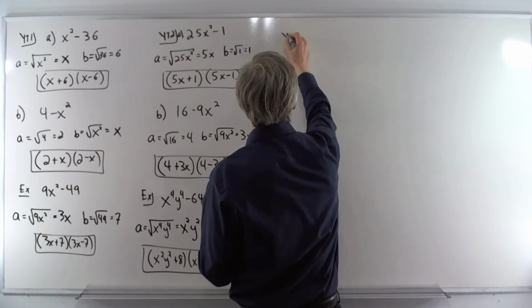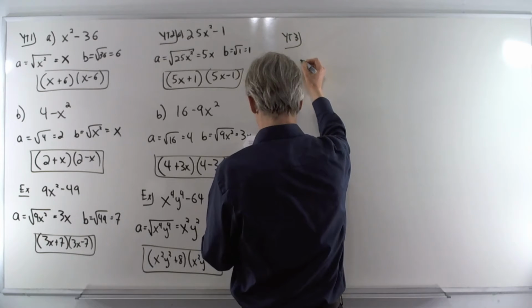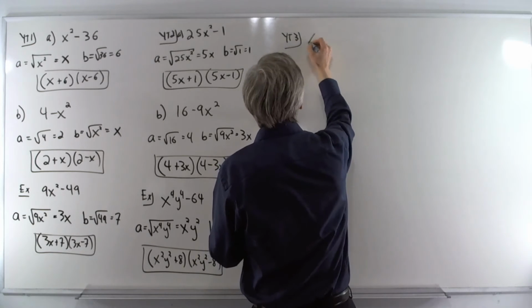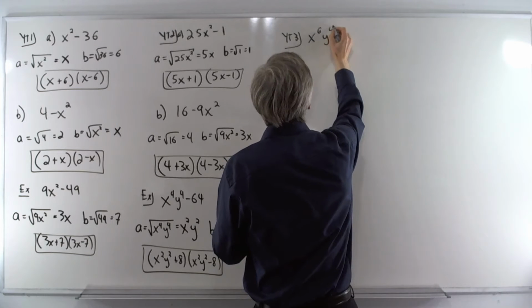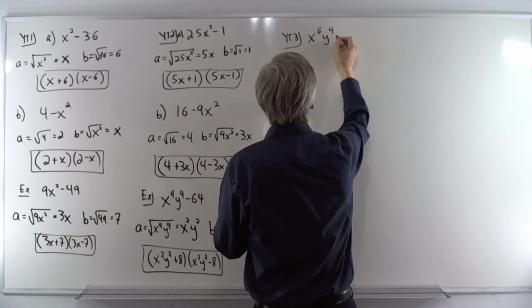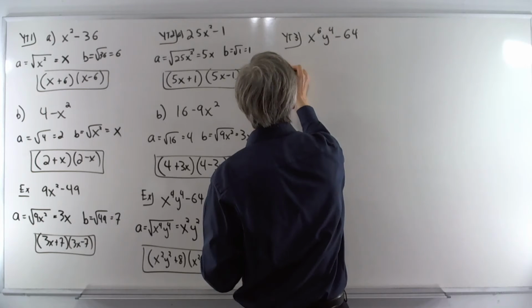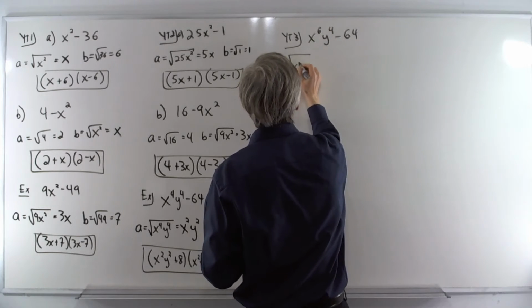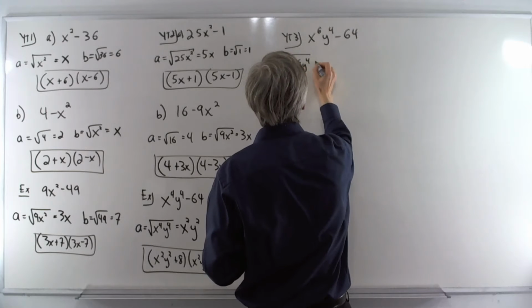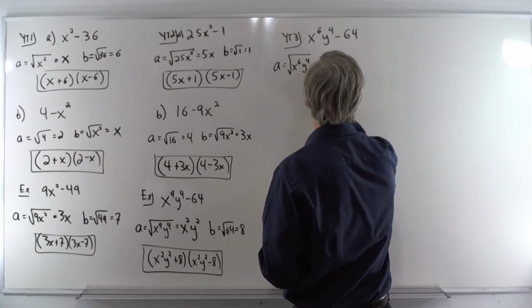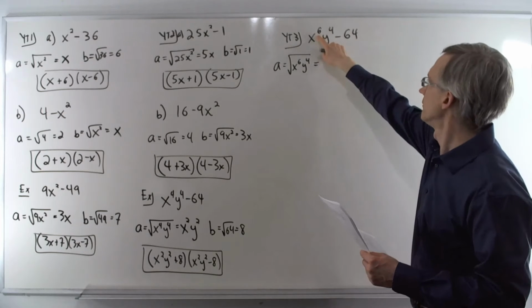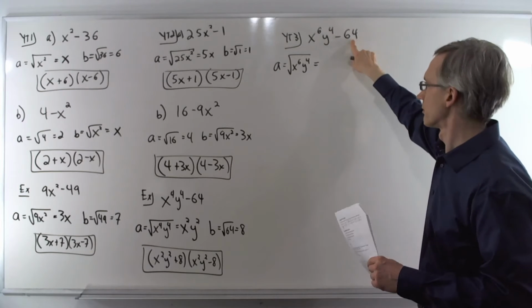Your turn number 3. So these are all perfect squares. We've got even exponents here, and 64 is a perfect square.